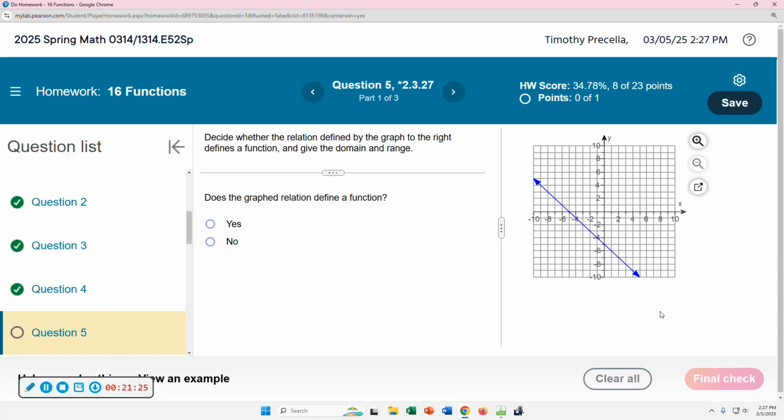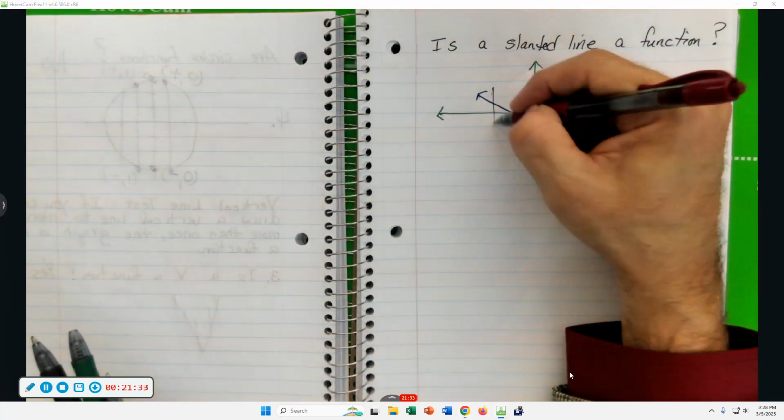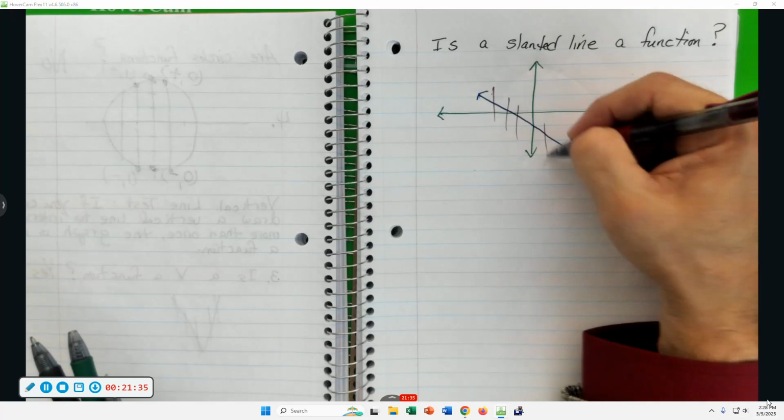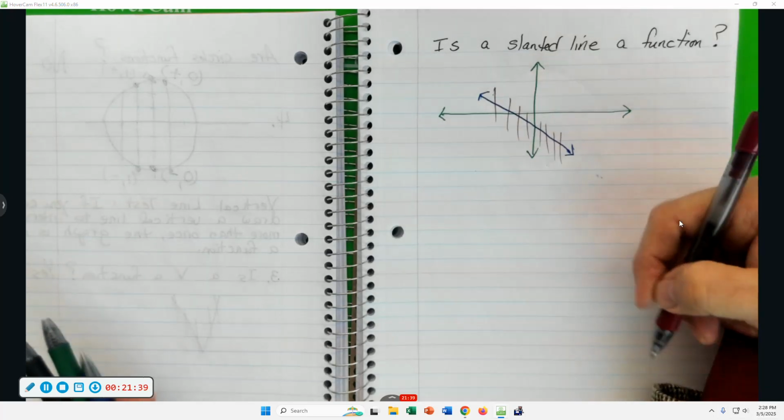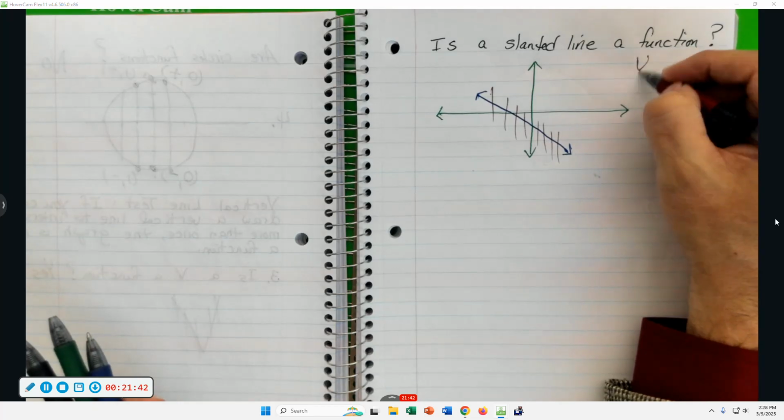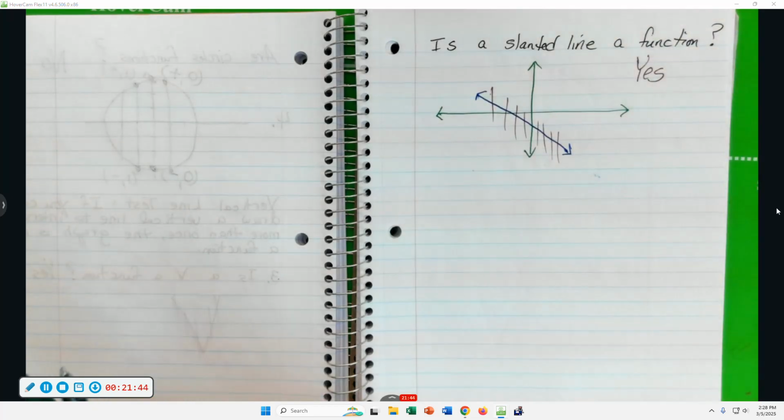Is a slanted line a function? Yes. No matter where you draw that vertical line, are you going to intersect the graph twice? It doesn't matter whether that line is falling or rising. Slanted lines are always functions.